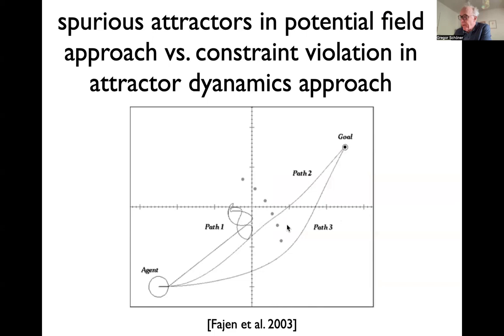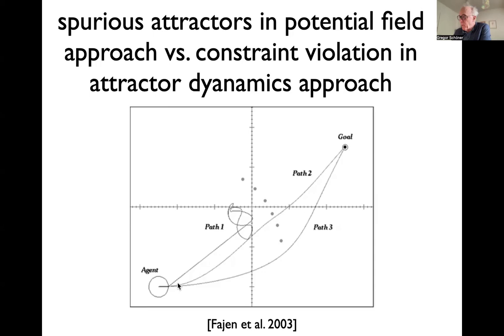And this group that did the human modeling actually made some comparisons where they characterized this problem of the potential field approach here by having a local minima with all these obstacles. You end up in a little spurious attractor, like a mountain lake here in the downhill valley gradient descent.